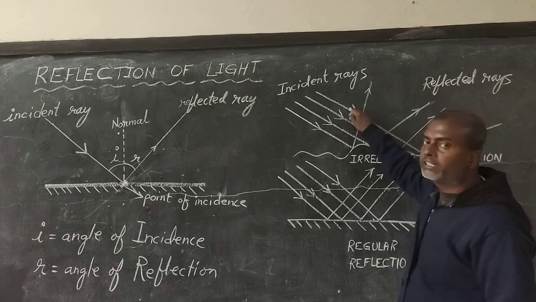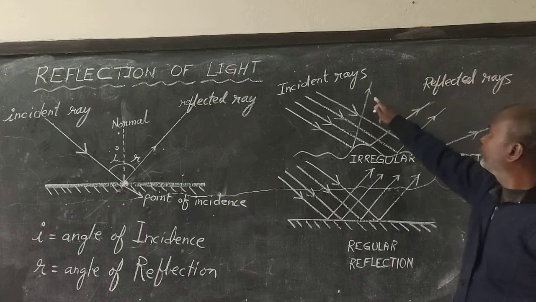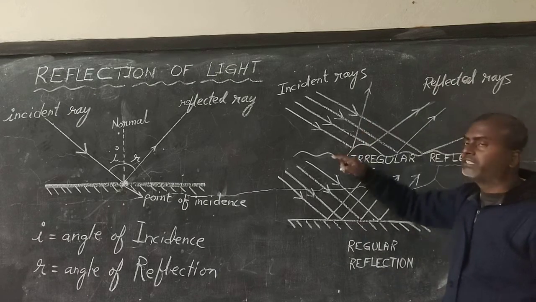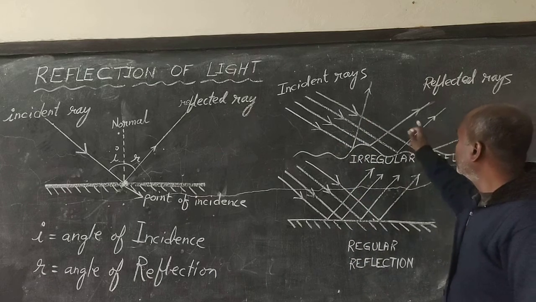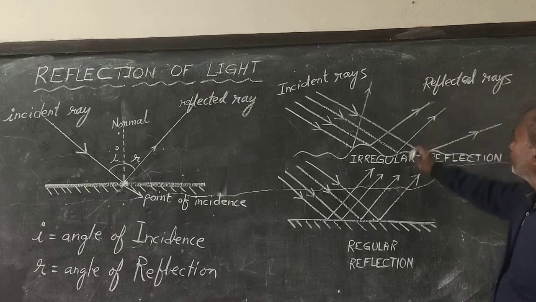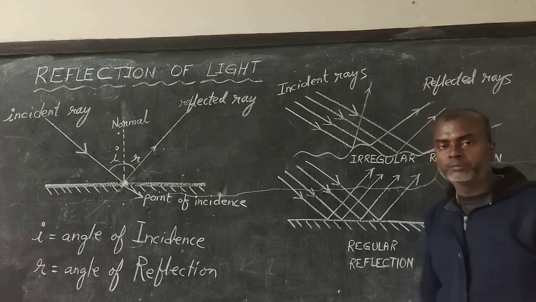All these 4 reflected rays go in different directions. They are not parallel. As the incident rays are parallel to each other, reflected rays are not parallel to each other. Such kind of reflection is called irregular reflection or diffused reflection.